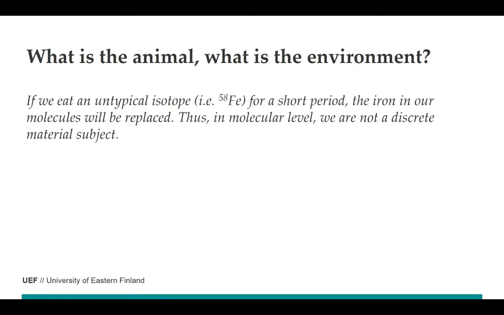So on the molecular level, we are not a discrete material subject. We are also constantly excreting iron that makes our feces brown, but then we also need iron from the environment in our food. So our molecules are all the time changing. They are not all the time the same.